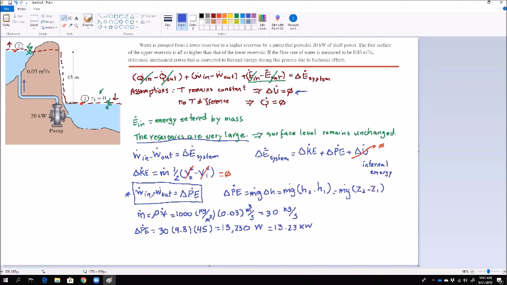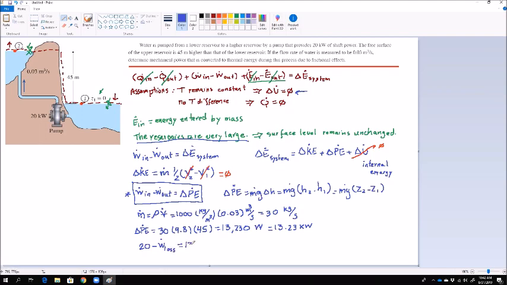Now let's look at this equation. The left hand side is the amount of power into the system and the amount of power out of the system. The only source of power into the system is the pump, and that's 20 kilowatts. And the power out of the system is basically W dot loss that has turned into thermal energy.